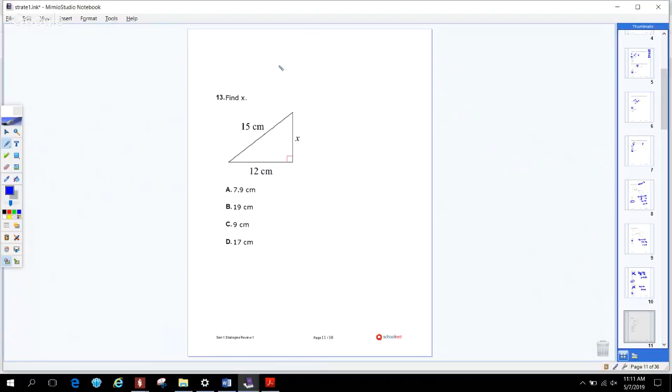Here, we've got two sides, but we're missing an angle. Because we don't have our angle, we know we have to do Pythagorean Theorem. So I've got a squared plus b squared equals c squared. I know that 15 is my hypotenuse, so you can either know the trig identity or just work it out. So we'll work it out.